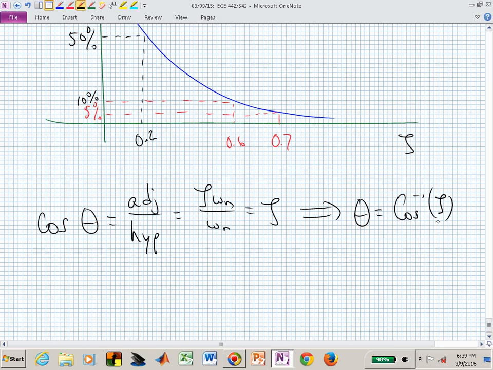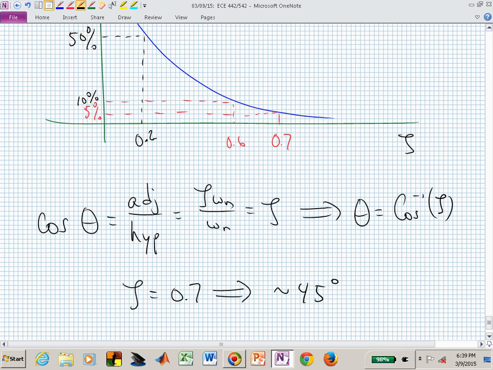And if zeta is 0.7, what's the angle? You don't have your inverse cosine table mentally memorized. This is an angle of 45 degrees. That's a sweet spot, approximately 45 degrees.